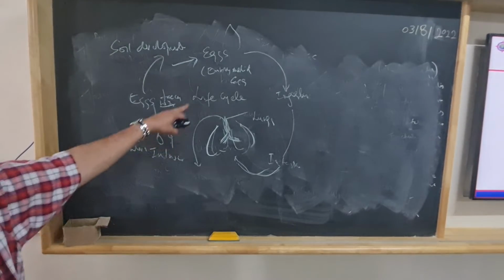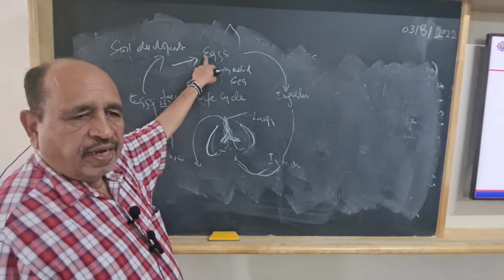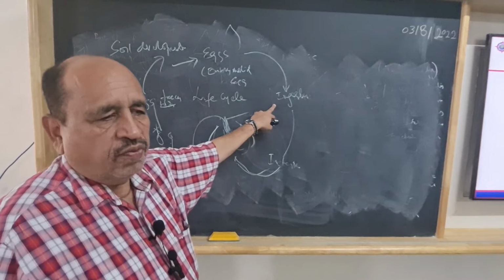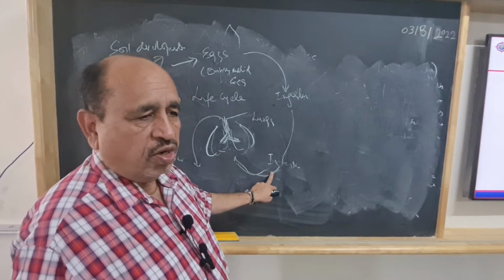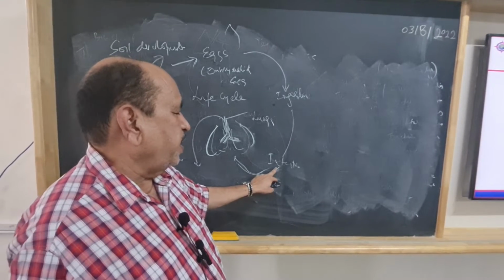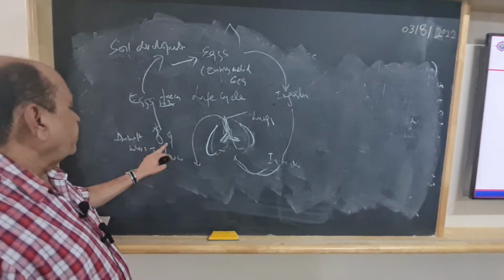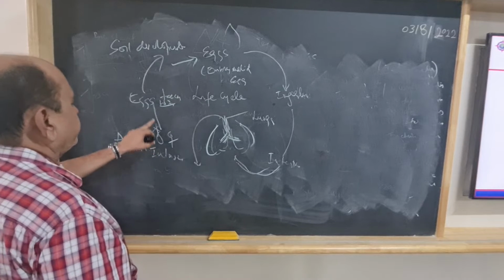So the life cycle you will write like this. Man gets infected by ingestion of food and water contaminated with the embryonated egg. They go to the intestine. They do not develop into the adult male and female worms there. They go to the lungs, come back to the intestine, where they develop into male and female adult worms. They copulate, produce eggs.